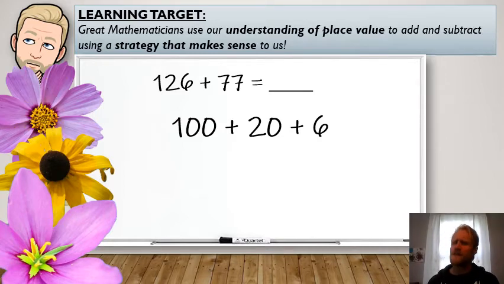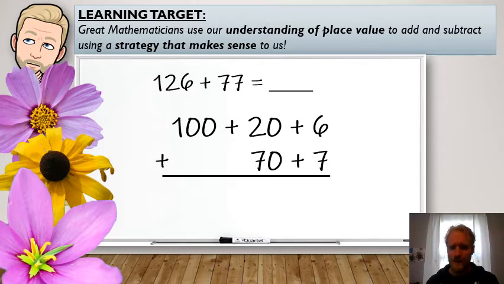Great. And what about 77? Yeah, exactly. 70 plus 7. And one thing you'll notice is when I wrote out my expanded form, I made sure that the ones and tens place of 77 lined up with the 20 and the 6. I didn't move them all over to this side. I make sure it lined up by place value.